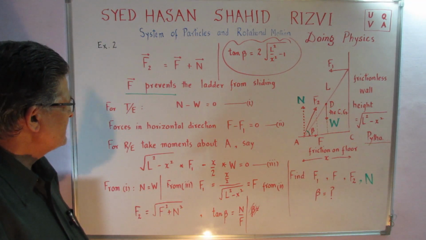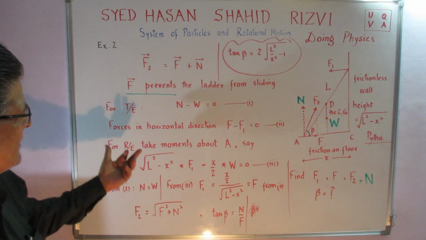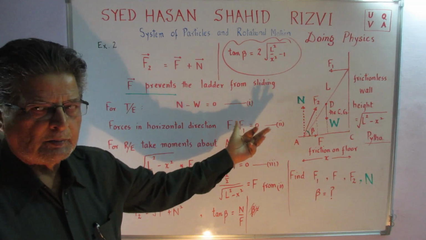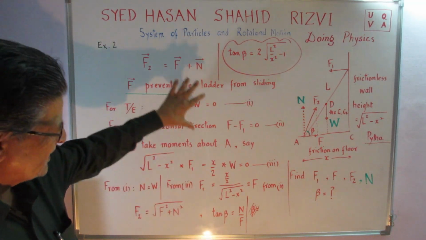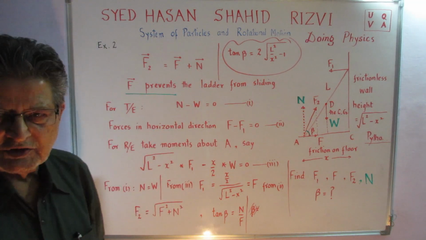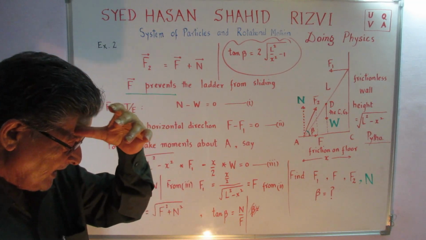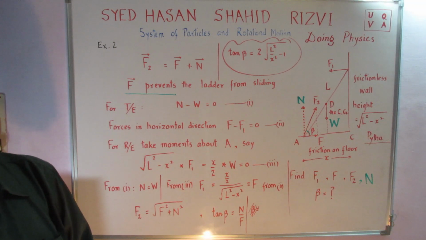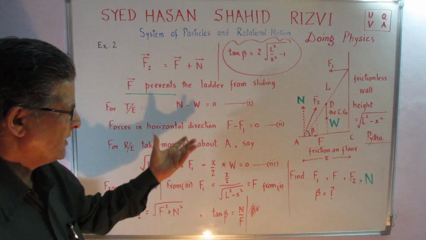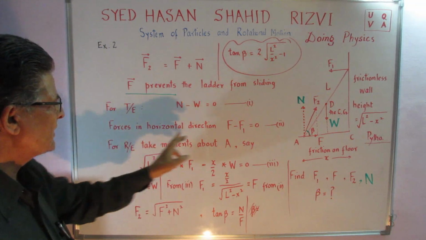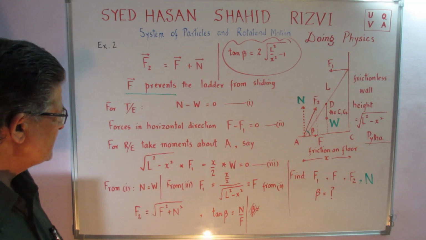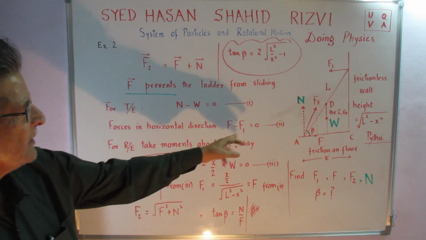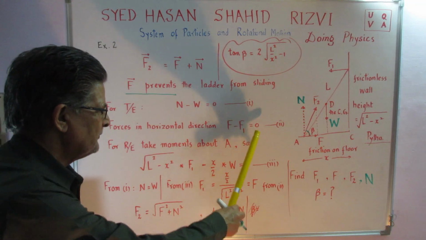So I can write, for forces in the horizontal direction, because I said that if some kind of equilibrium is going to exist, then forces in all directions can be considered, and we are considering the forces in the horizontal direction. And I get equation number 2, F minus F1 is equal to 0.